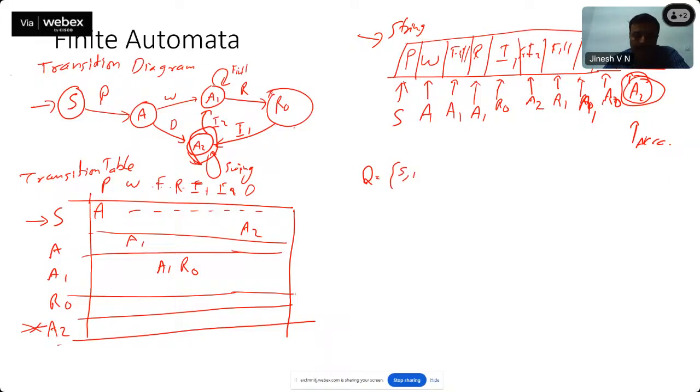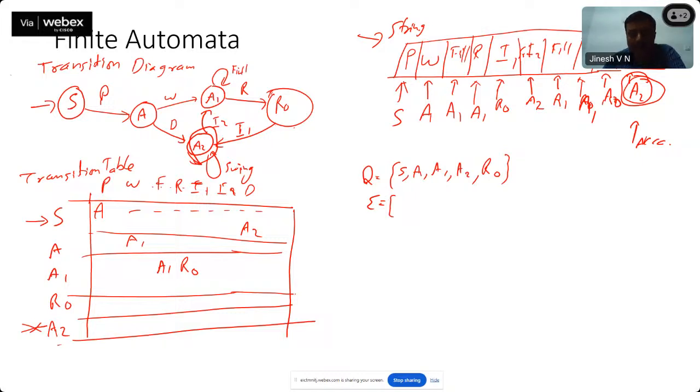S, A, A1, A2, R0. These are the states defined for this specific machine. Then what are the alphabets? The defined alphabets used for the machine.